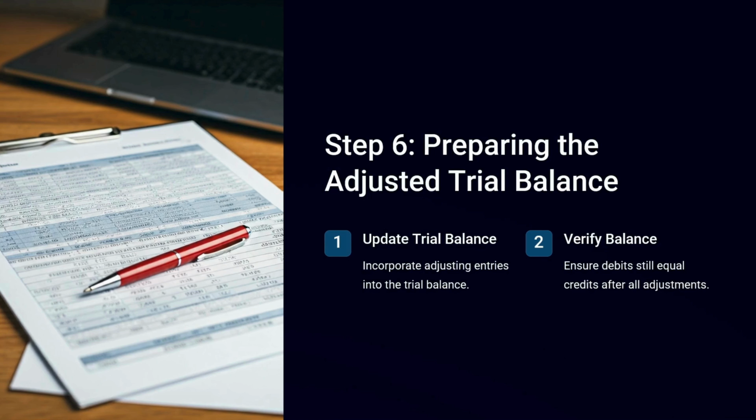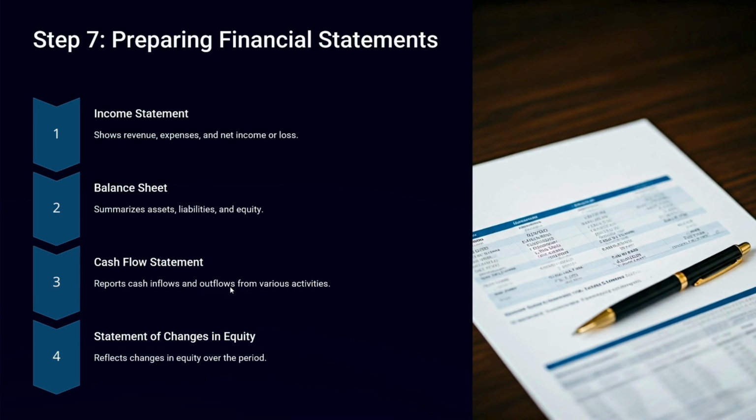This is the final checkpoint before preparing the financial statements, to ensure everything is complete and accurate. Preparing financial statements includes the income statement, which shows profitability over a period, detailing revenue, expenses, and net income. The balance sheet summarizes assets, liabilities, and equity.